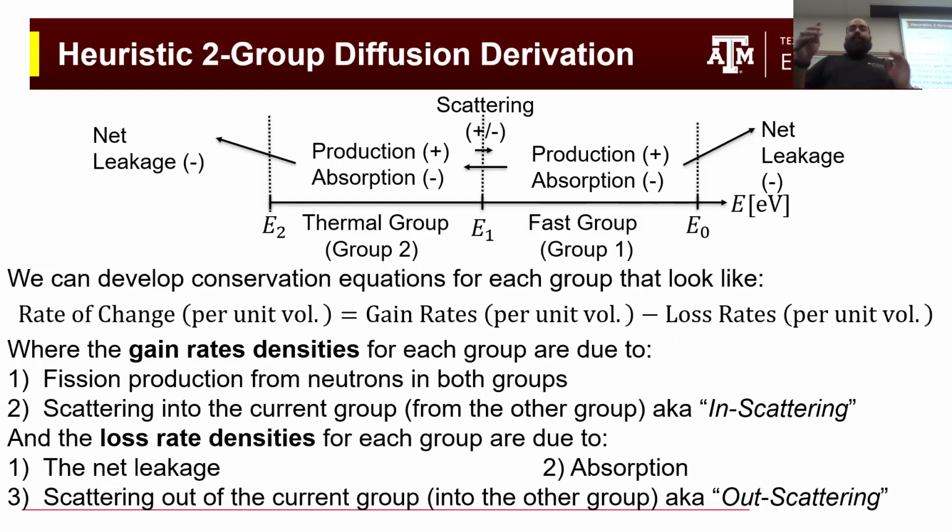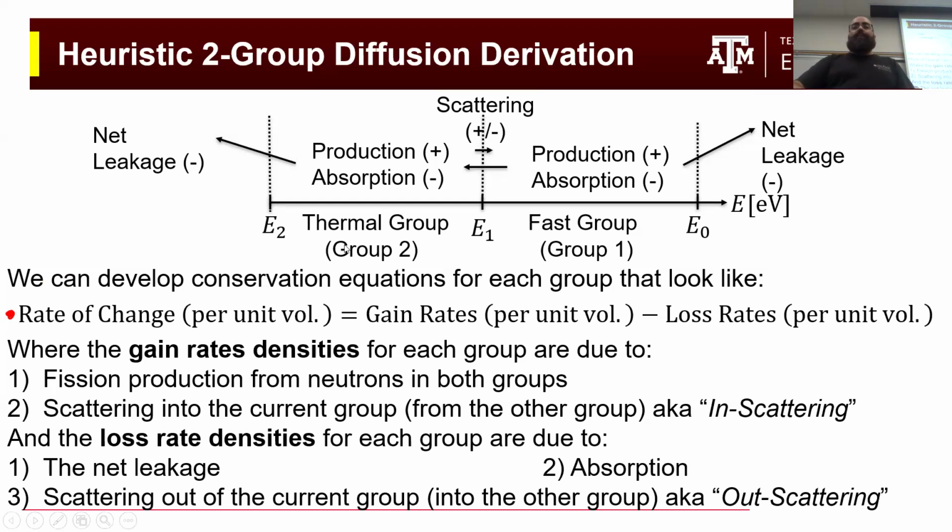So thinking about the picture that we drew that shows what our gain and loss mechanisms are, we can start thinking about a conservation statement that we could use to develop a mathematical equation to learn something about this distribution.